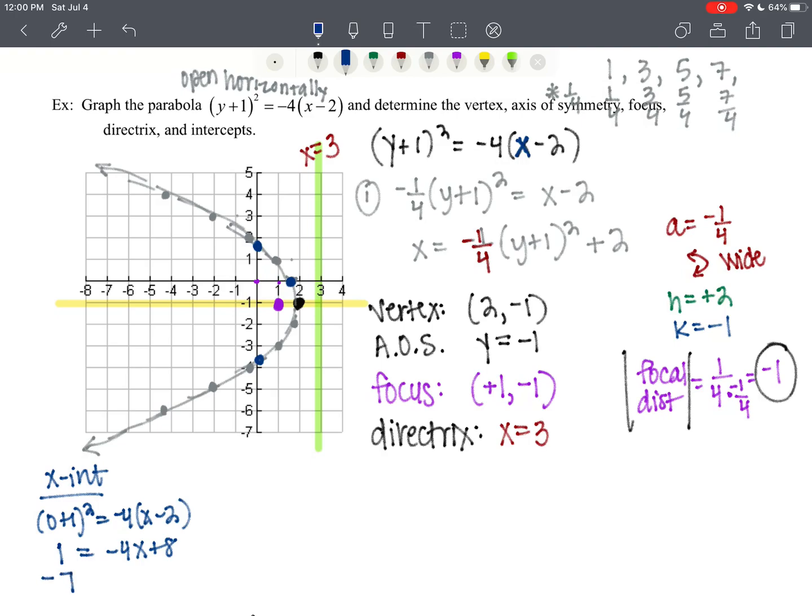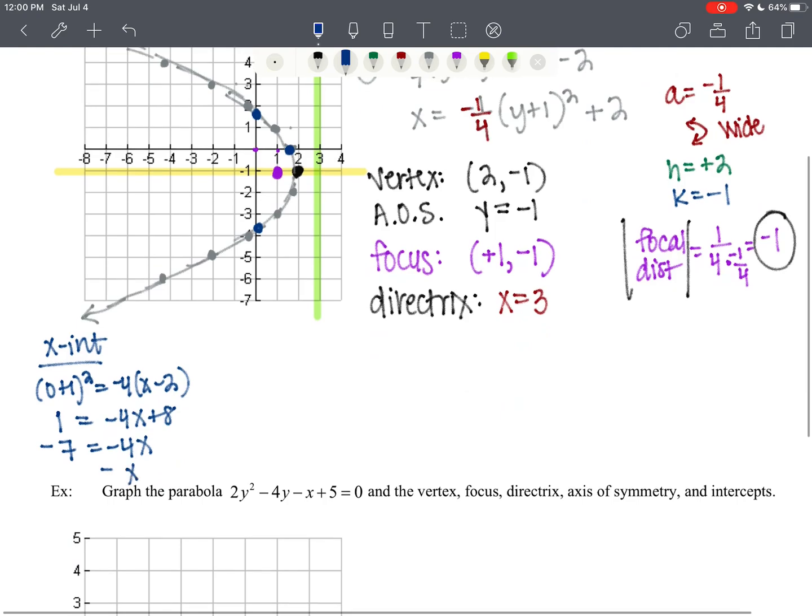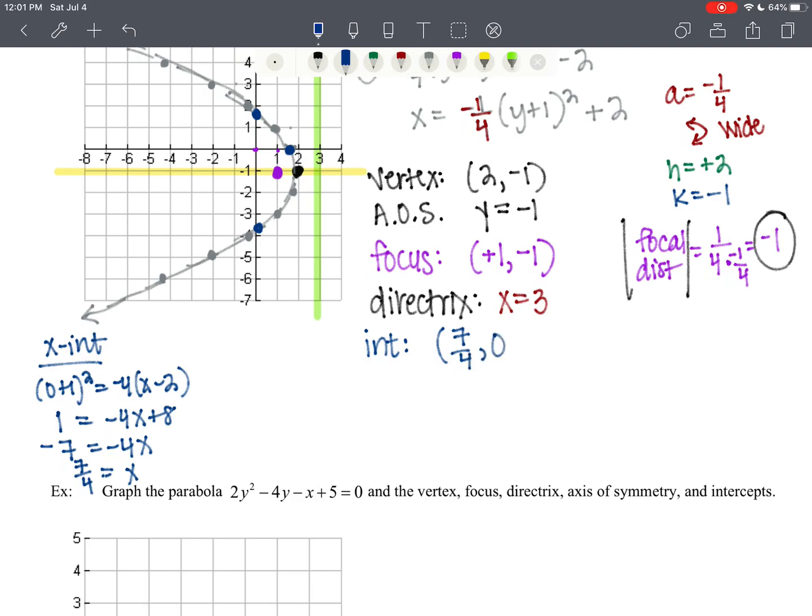Subtract 8 and we get -7 equals -4x. x equals 7/4. So our x-intercept is (7/4, 0). That's 1 3/4, which is exactly where we're at. 1 3/4, 0, or 1.75, 0.